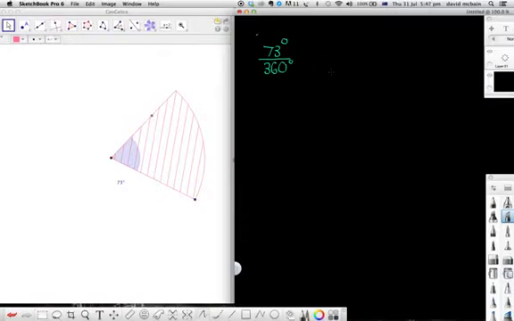So if you remember, let's go back to our area of a sector. The area of a sector of half a circle, let's say, equals the fraction of the circle we've got, which in this case is a half, times pi r squared.